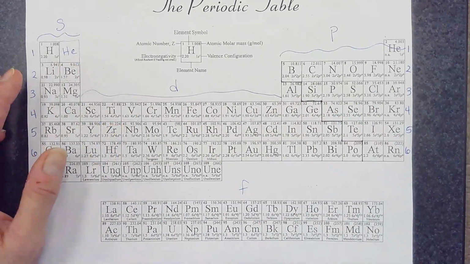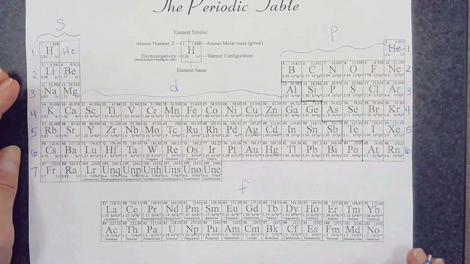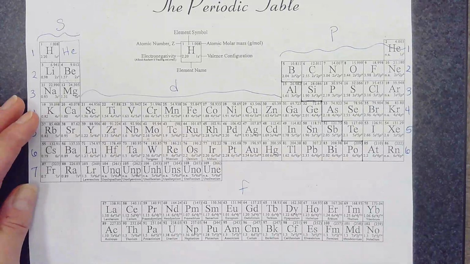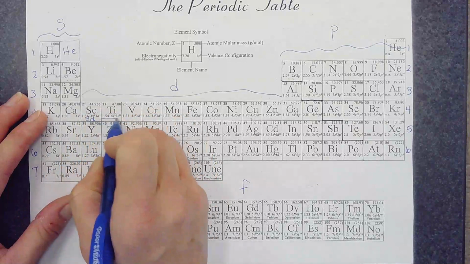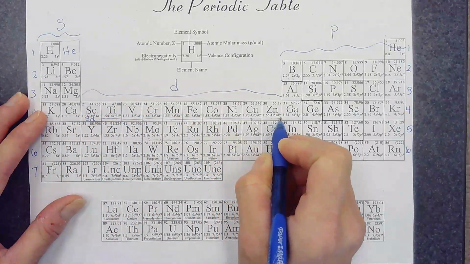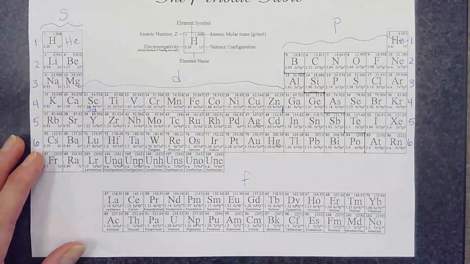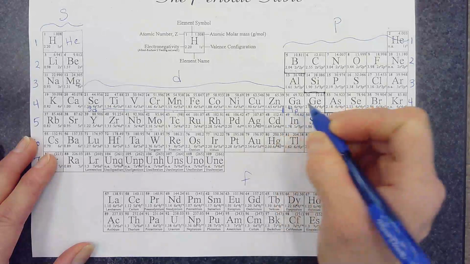Now, using this periodic table, I also want you to finish up some other labels because some things are going to look a little funny, but I need you to just do it for right now and for today. I want you to put 3D here, and then draw an arrow over and stop it at zinc. That's the end of 3D. If you need to put a 4P here, you may.